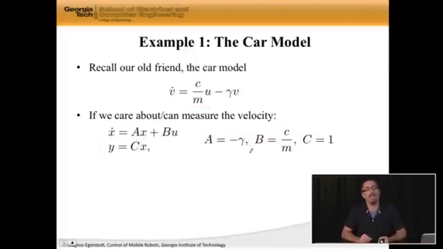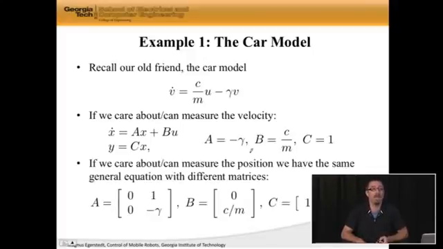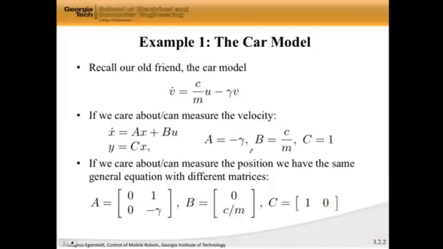Now, let's pretend that instead of building a cruise controller, we're building a self-driving car. Well, clearly, we not only care about how fast it's going, we care about where it is. So in this case, let's make our state the position and the velocity, so p and v. In this case, we're measuring the position, say, which means we're taking out the first component of the state, so C is [1, 0].